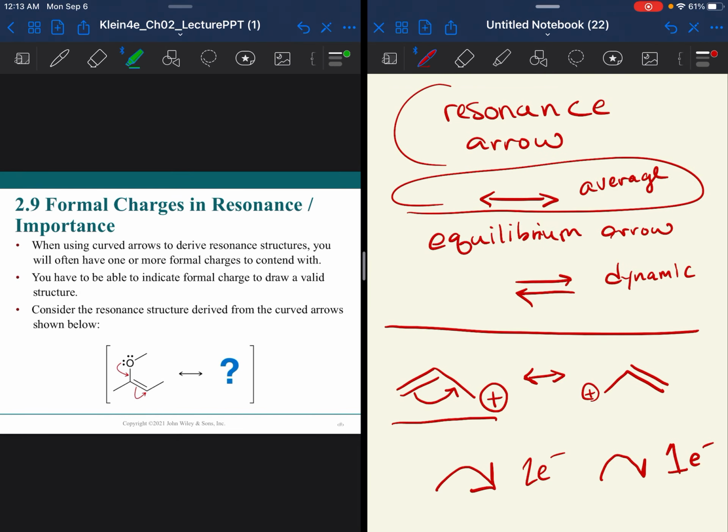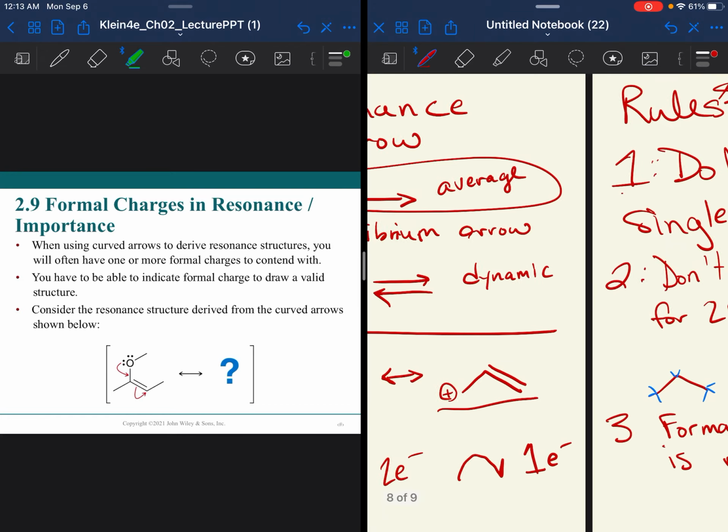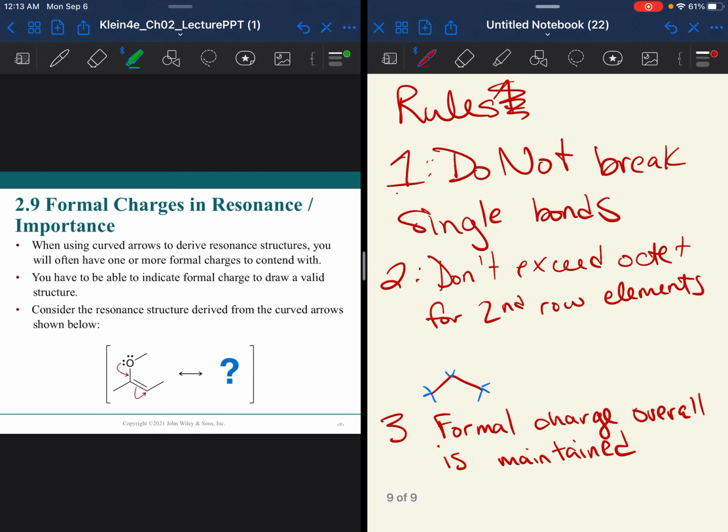You noticed here, this is overall +1, this is overall +1, right? 2 of the carbons are neutral, 1 has a +1. They won't always have exactly the same number of formal charges, but the overall formal charge should be maintained.